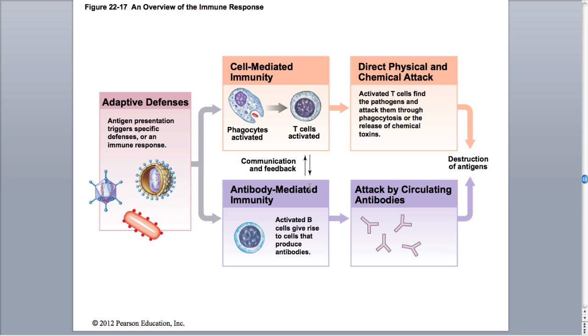That's why that chart's so important. And in the end, whether I am doing it by way of antibodies or by way of the killer cells, and I'm talking about the cytotoxic cells, I will destroy the germ and probably the antigens along with it. Okay. Next slide.